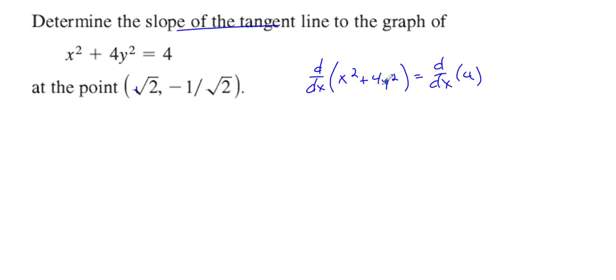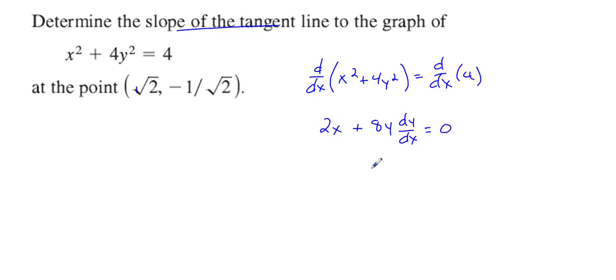The derivative of x squared with respect to x is 2x, just normal. Plus the derivative of 4y squared with respect to x is 8y times dy/dx, equals 0.